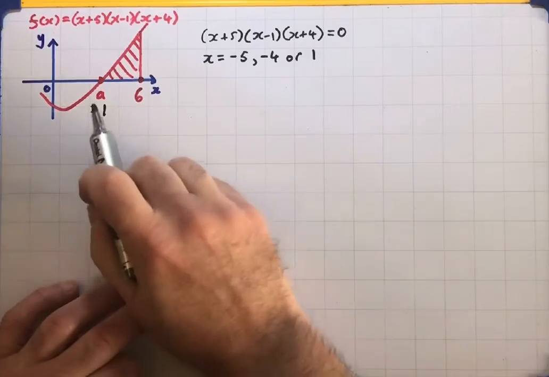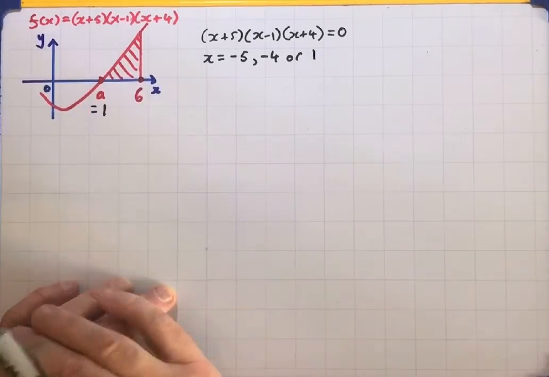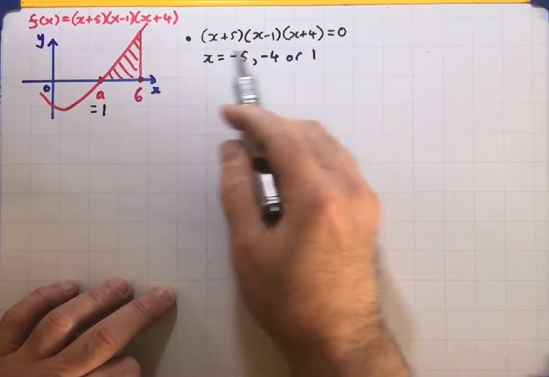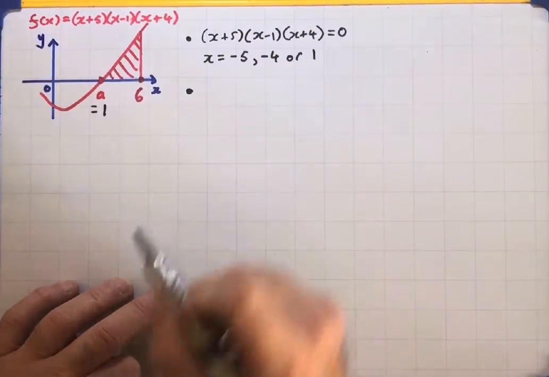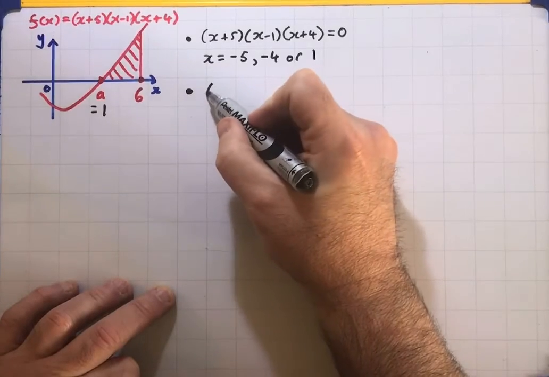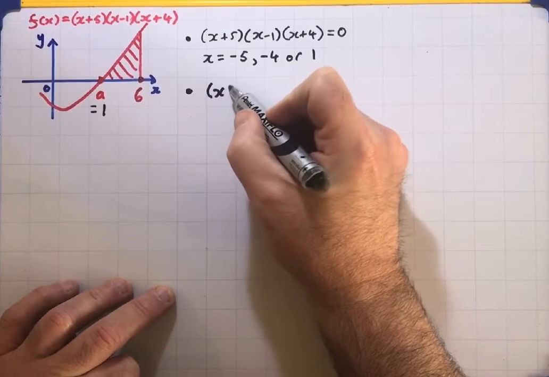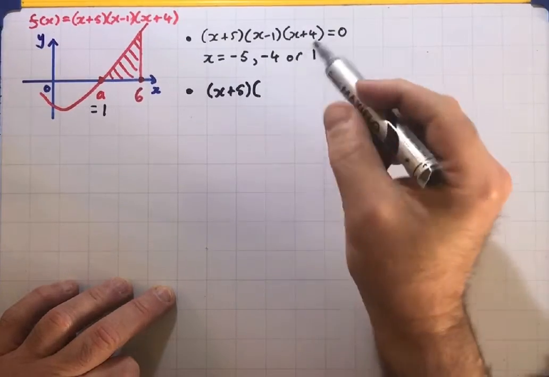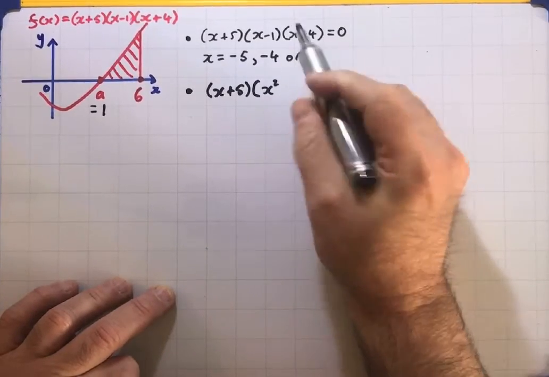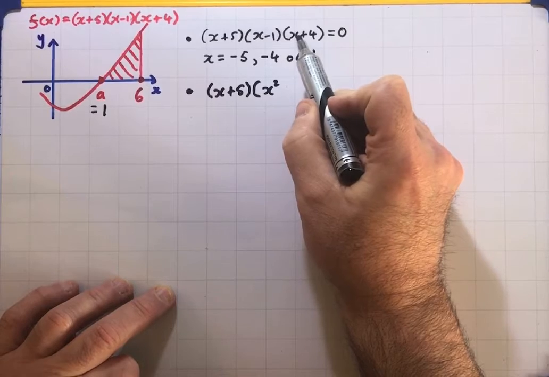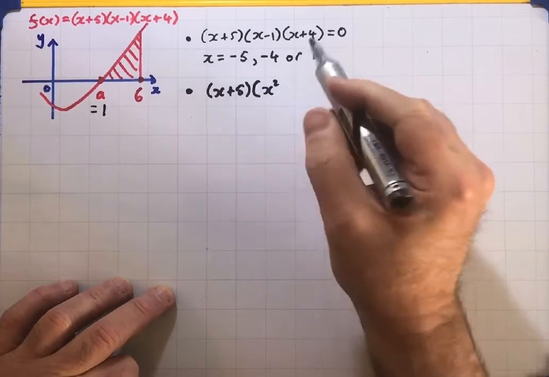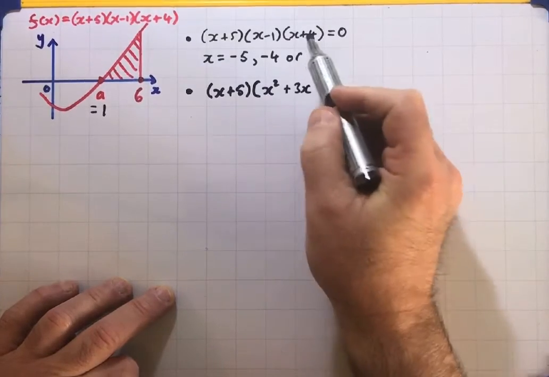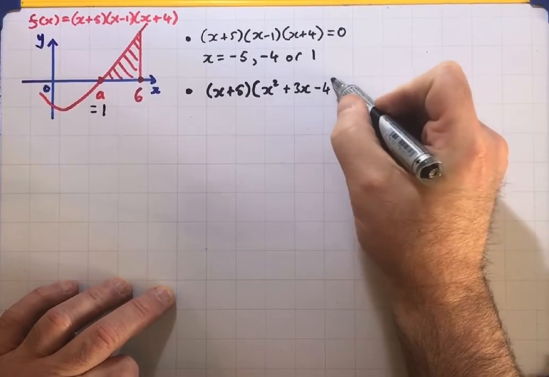Right, so what we want to do is integrate this function. But remember, before we can integrate a function, we need to multiply out the brackets. So if I did that with these, I'll leave the x plus 5 there for the moment. X times x, x squared, minus 1 times x is minus x, 4 times x is 4x, add them together you get 3x, minus 1 times 4 is minus 4.